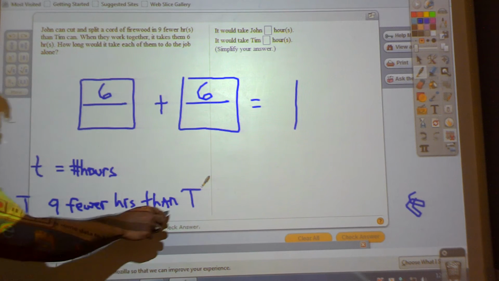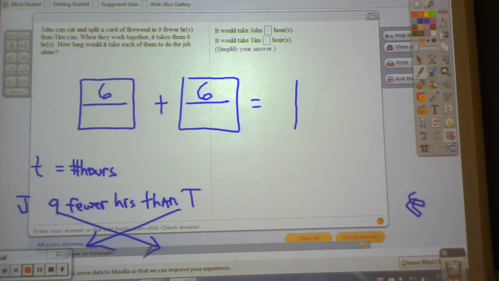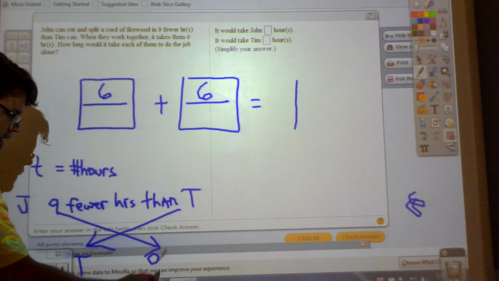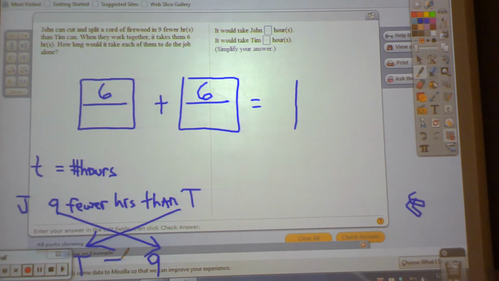So I'm going to go right here, and here, crisscross, and the T goes right here, and the 9 goes right here. Should be T minus 9. Never taught that. You didn't get your money's worth.